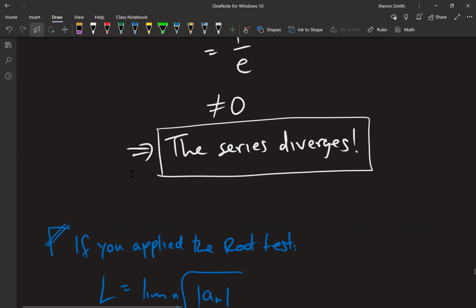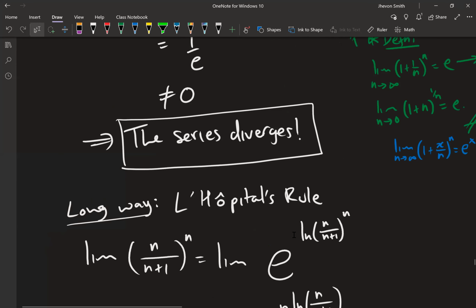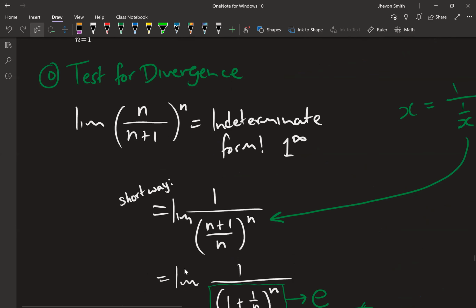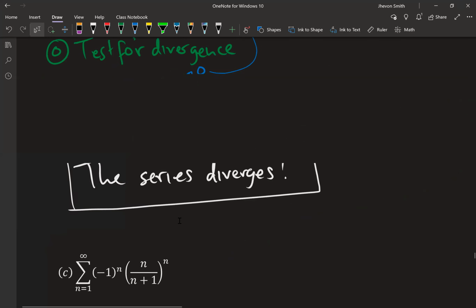A couple times in this lecture, people were suggesting alternating series tests at points where they should not be. Another common mistake is people keep looking at the limit. Oh, it's approaching zero. Approaching zero means nothing. It's in the test for divergence.